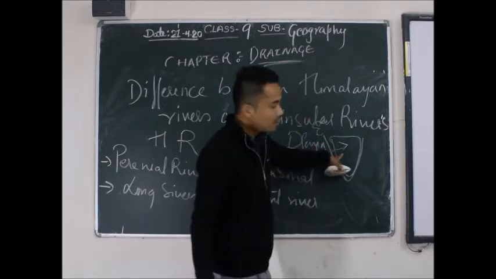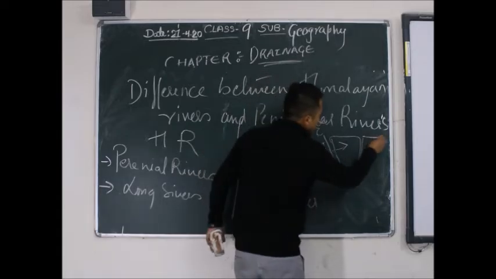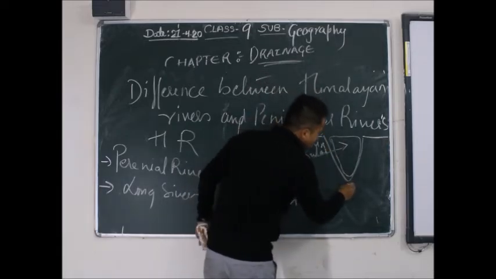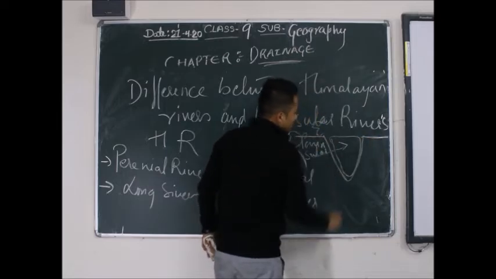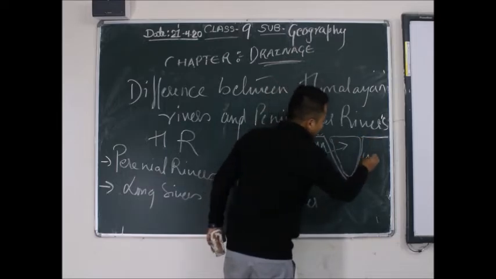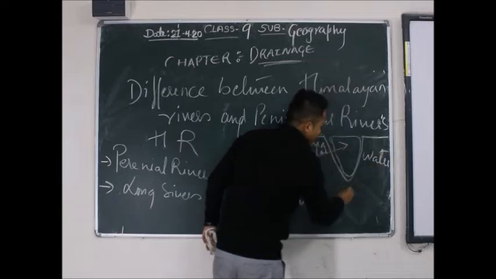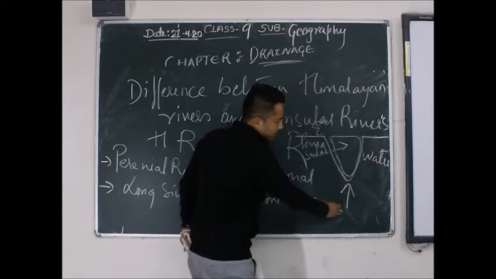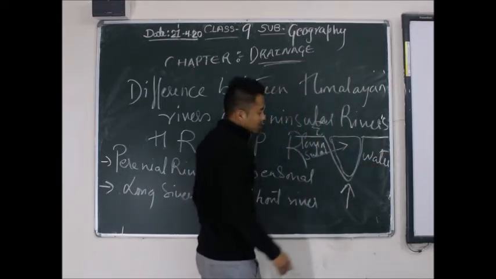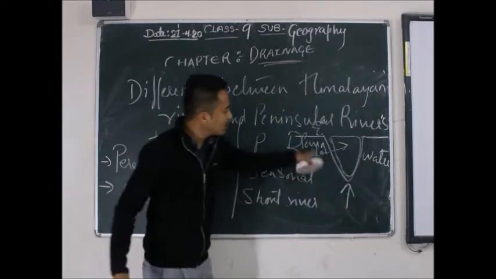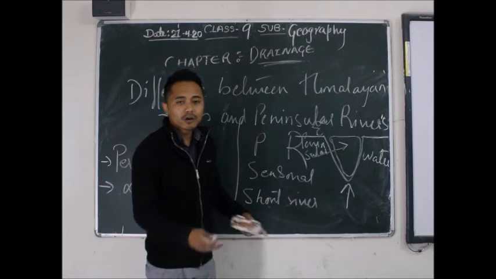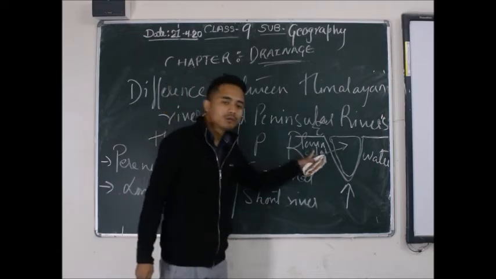Why peninsular? Because it is covered by water on three sides: the Bay of Bengal, the Indian Ocean, and the Arabian Sea. The area covered by water on three sides is known as peninsular.